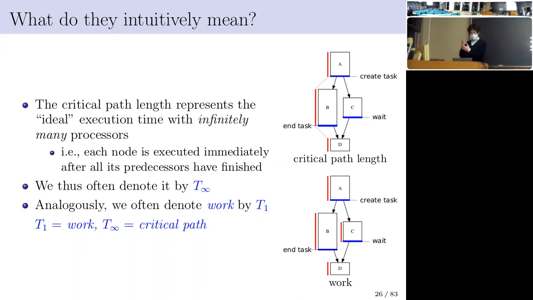That processor has to execute all of these nodes, so the time it takes to execute the entire graph is simply the summation of the execution times of all nodes, which is work. To signify that this is the time a single processor would take, it is often denoted by T1. So T1 is work, T infinity is the critical path.